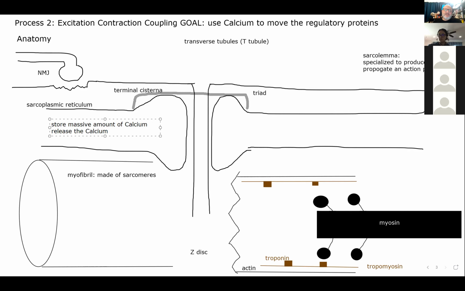And what that means is we need a way to get the calcium out. Well, an easy way to do that is with something we're already familiar with. We can put some channels in the terminal cisternae in the sarcoplasmic reticulum that could allow the calcium out.